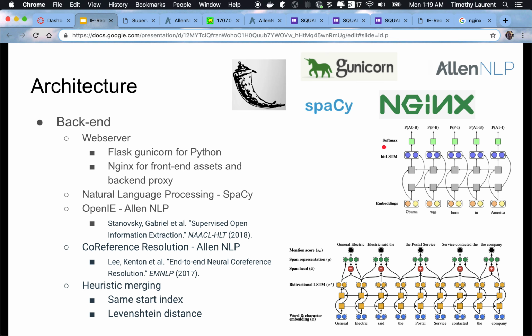And then I introduced a Levenshtein distance metric to merge things, because I noticed some mentions that differ just by one being plural and one not, or a T cell versus the T cell, weren't being merged. So I came up with a solution to remove all the stop words and then do Levenshtein distance, and that became a tunable parameter of the front end of the model.